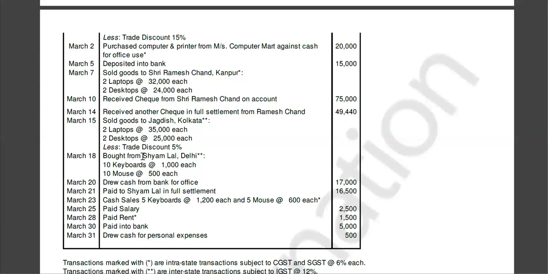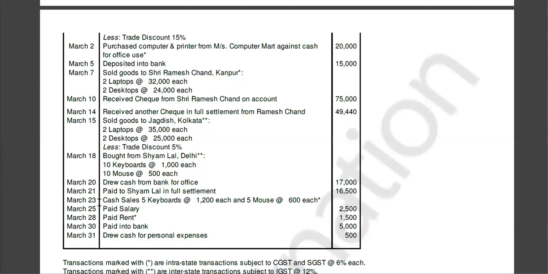See, March 18, bought from Shyamlal, so purchase book. Here paid to Shyamlal in full settlement. How much amount of goods bought from Shyamlal? 15,000. So paid to Shyamlal in full settlement 16,500. Here also the discount is involved. But this transaction goes to cash book, paid to Shyamlal.